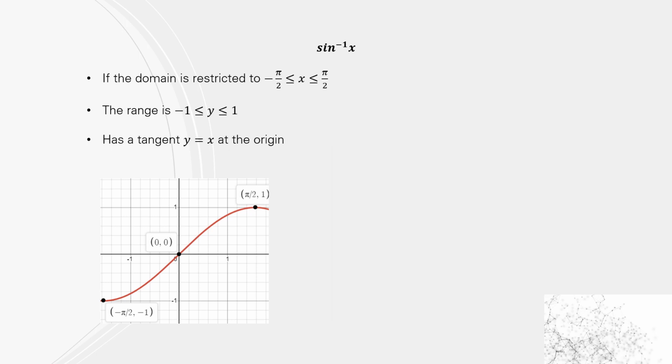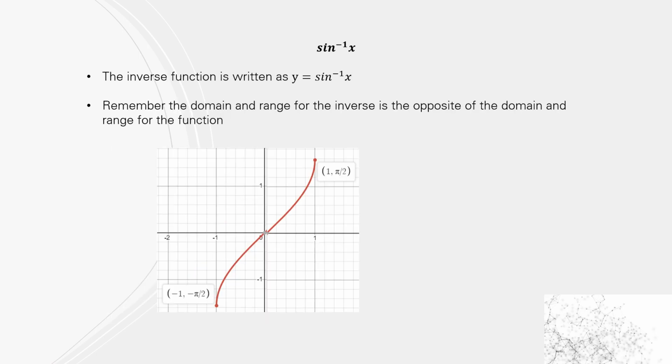There is a tangent of y equals x, so that would assist if we needed to find the equation of the tangent at that particular point. So here's our inverse. The inverse function is a flip over y equals x.